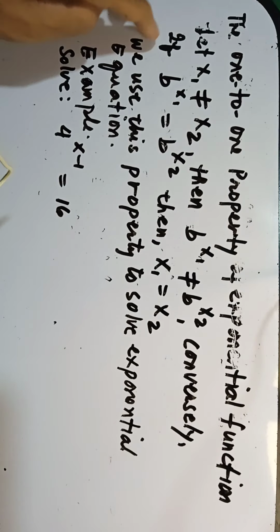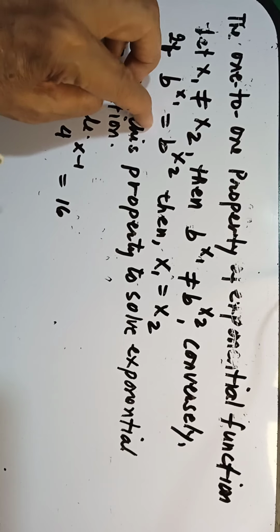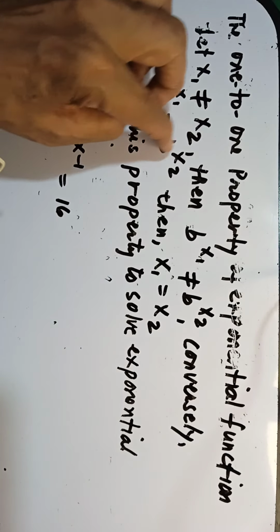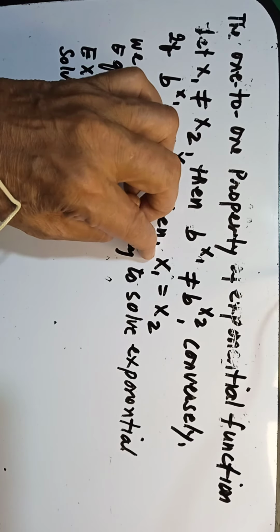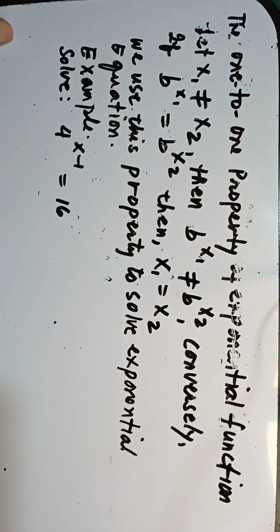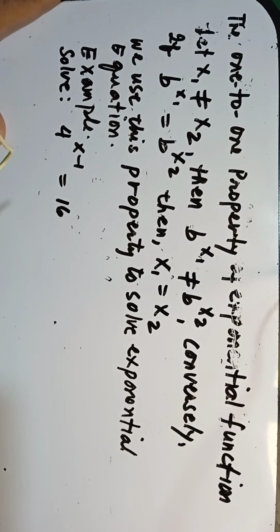Conversely, if b raised to x sub 1 equals b raised to x sub 2, then x sub 1 equals x sub 2. And we can use this property to solve exponential equations.